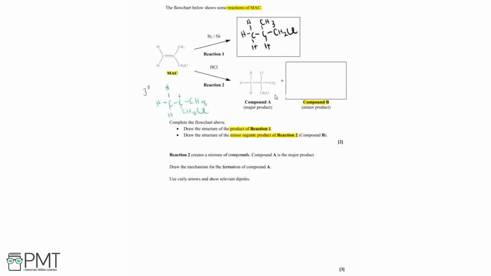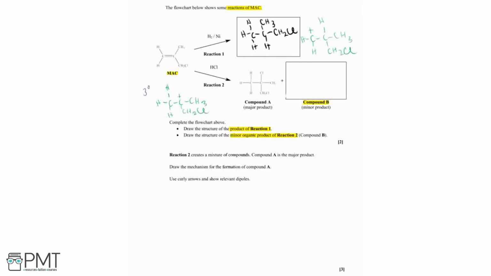So therefore, the minor product will be where instead we've got the charge on this carbon here, the other atom from that double bond. That will look something like this overall. So this time we've added our hydrogen on to the second carbon, therefore leaving us with the positive charge on this carbon here, and this carbon has only got one other carbon attached.